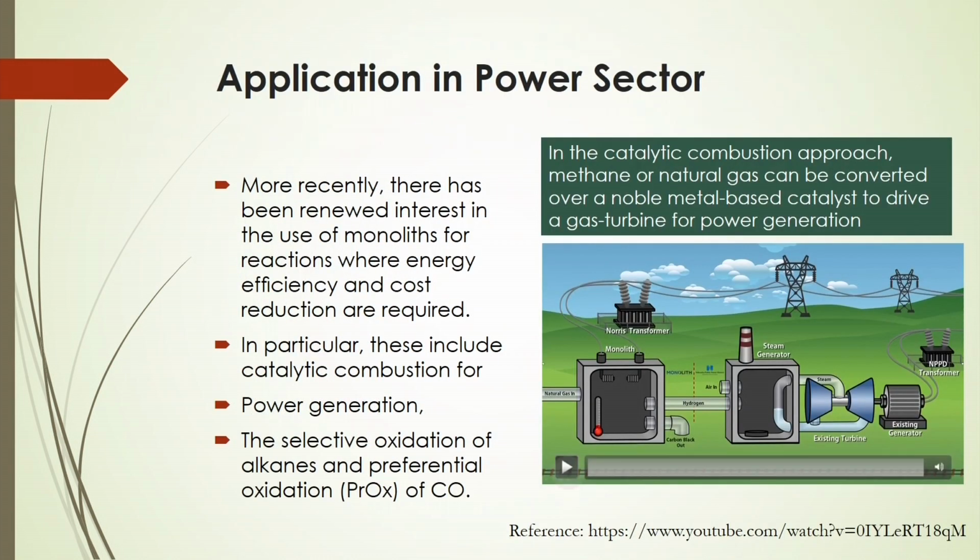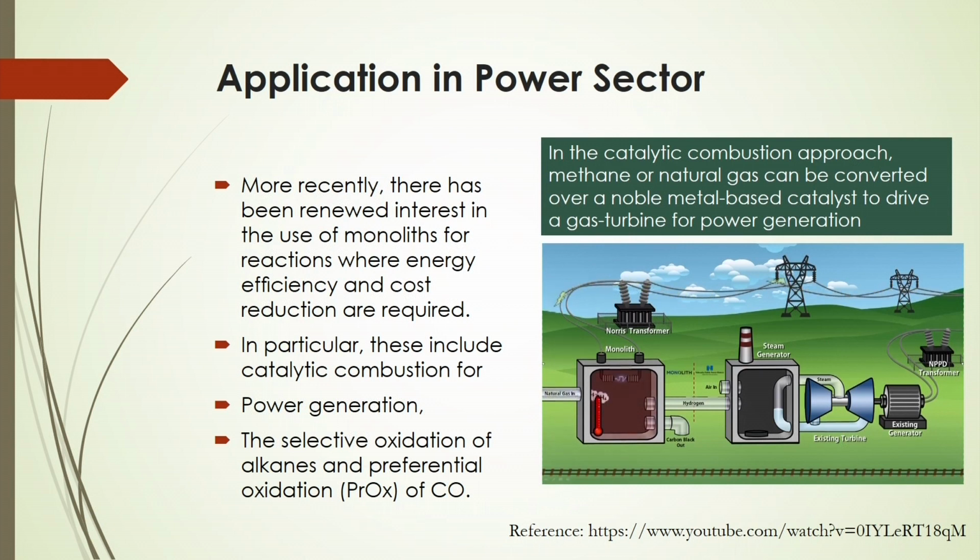Here, see this video of how power is generated based on this monolithic reactor. In this case, you have to heat methane gas to convert it into carbon and hydrogen.